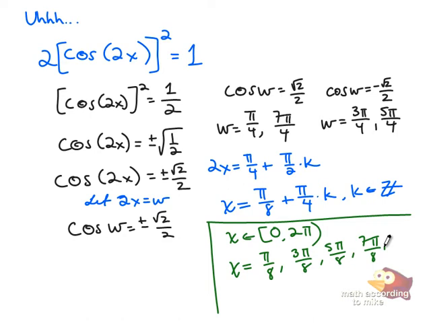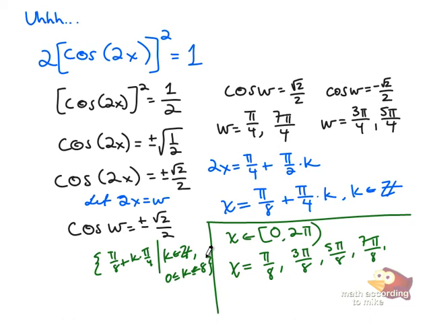So if you want to write pi over 8 plus k times pi over 4 such that k is an integer, comma, k is between 0 and, I don't even know, 15. No. 1, 2, 3, 4. I think 8. I'm not sure. Too much in my head.